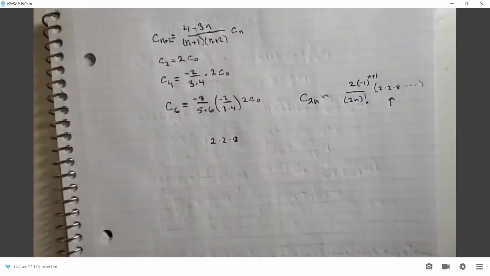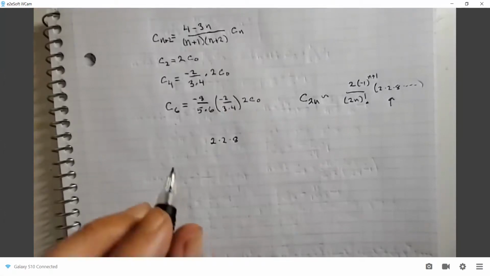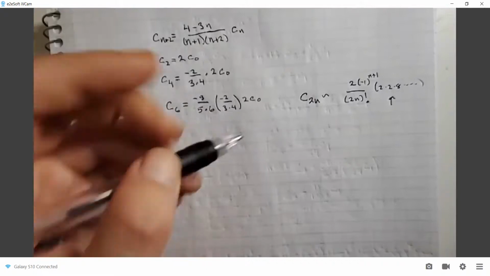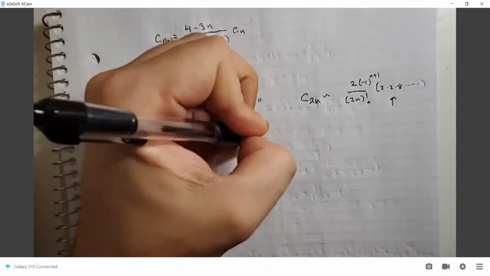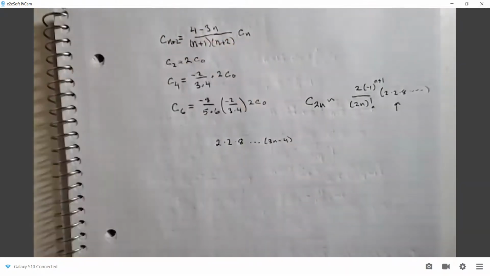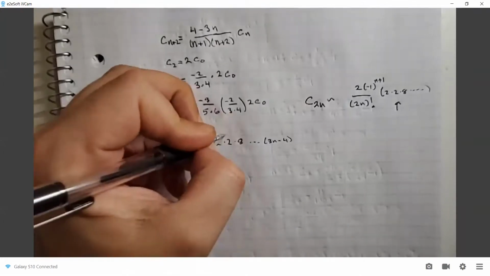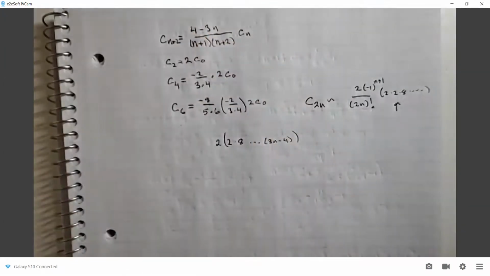And then this would be 3n minus 4, times dot dot dot, times 3n minus 4. I don't know if there's a good way to write that. So I think it starts here, right? Because the n skips by 2.